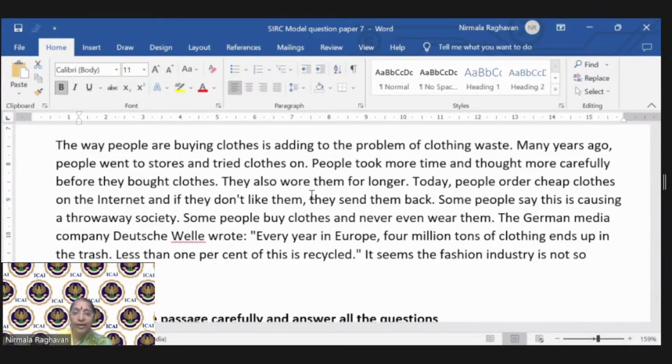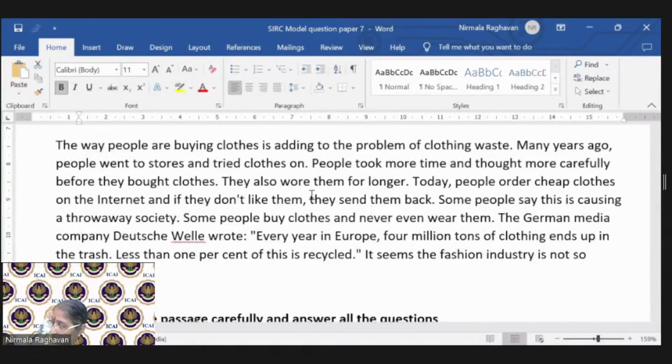Why do we say that the fashion industry is not so sustainable?